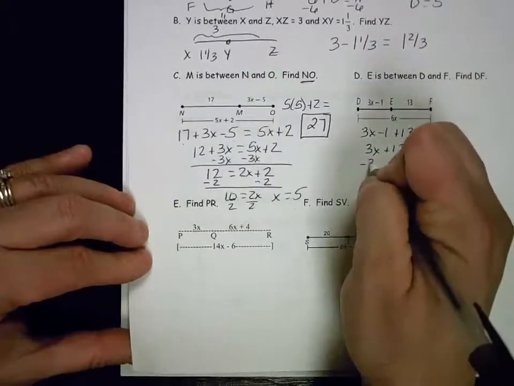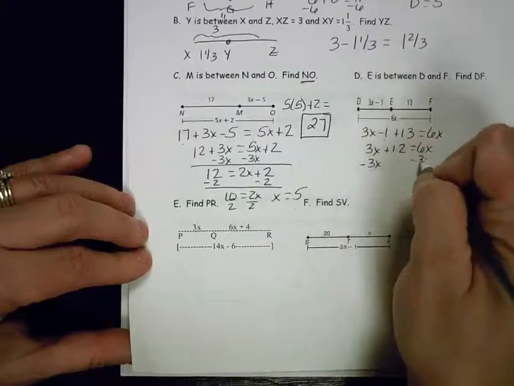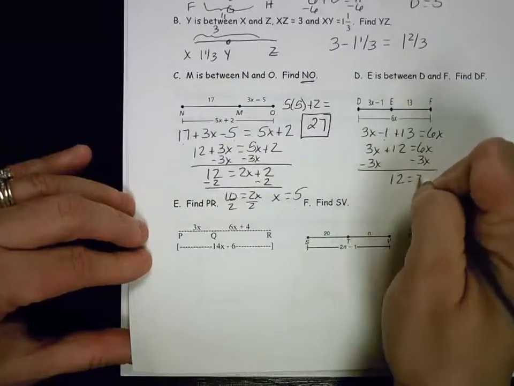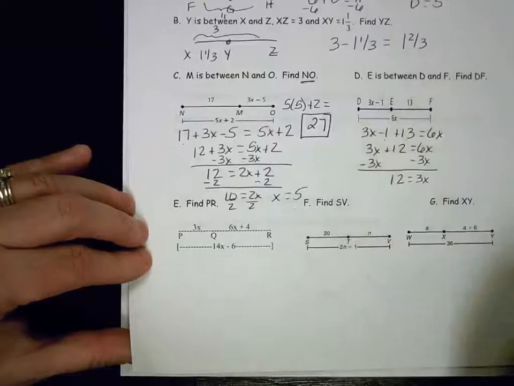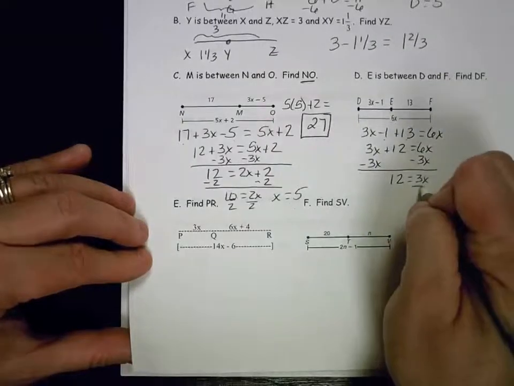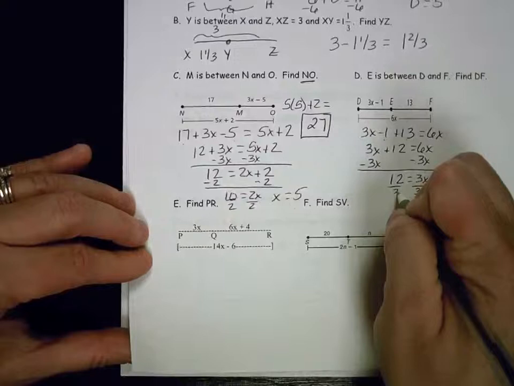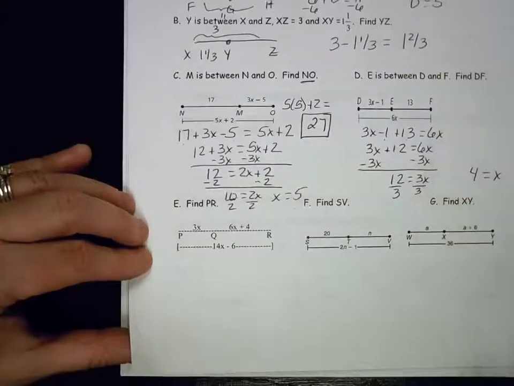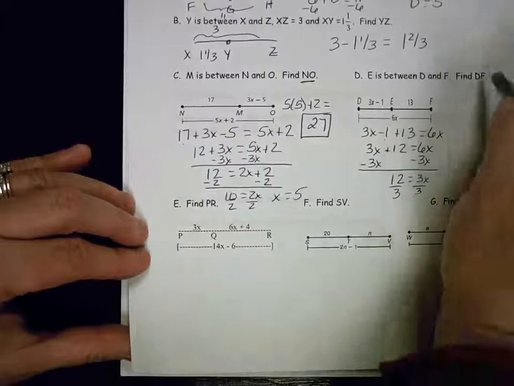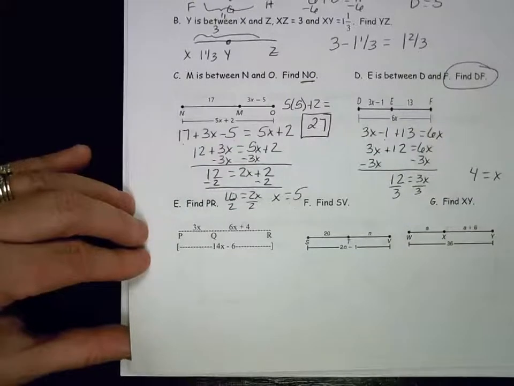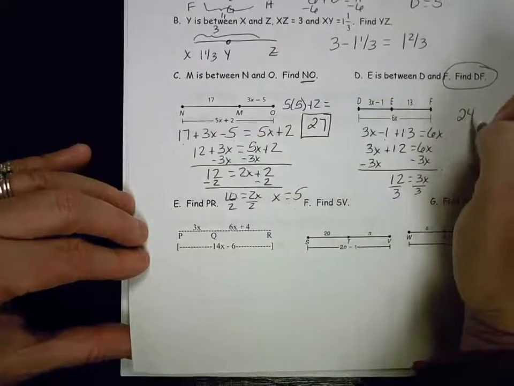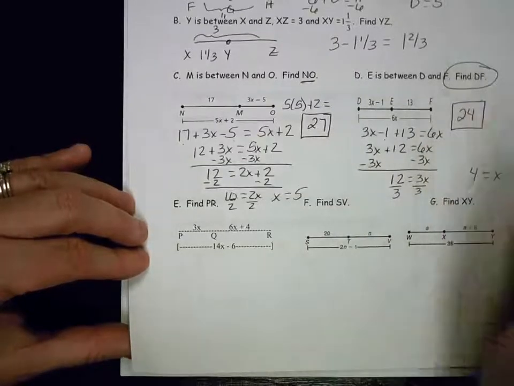From there, you subtract 3x from both sides, and you have 12 equals 3x. Dividing both sides by 3, x equals 4. And again, you're not done yet. You were asked to find DF, so 6 times 4 is 24.